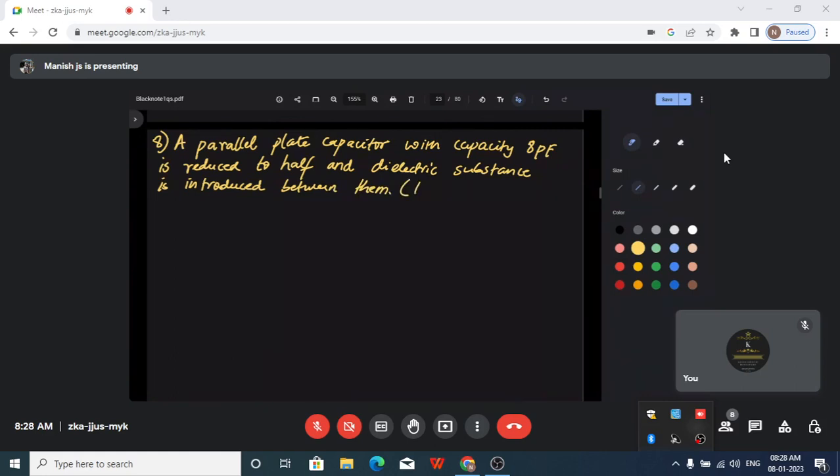So the dielectric constant you can take K is equal to 6. Okay.